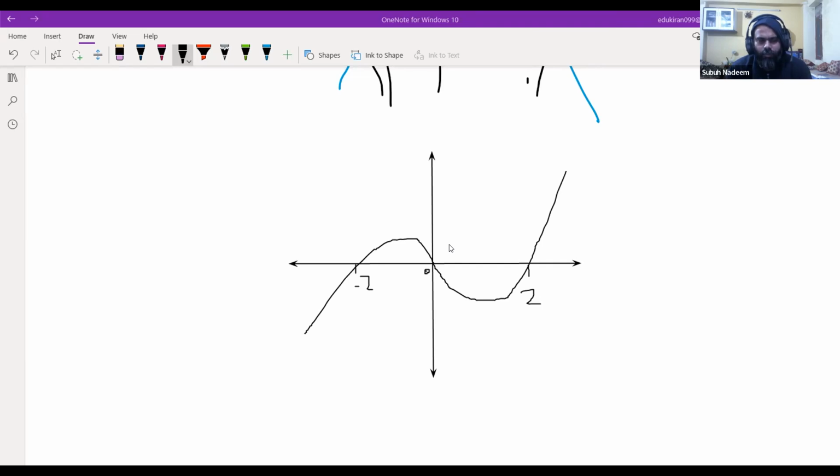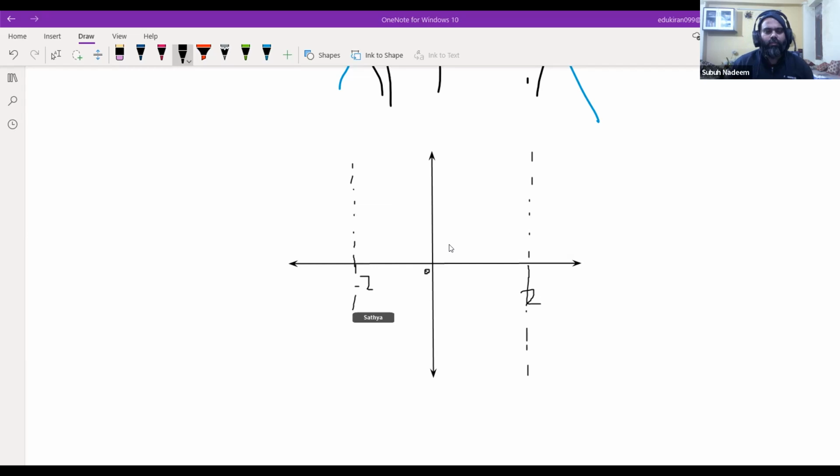Okay, to draw the asymptotes, and the y-axis is the asymptote, so don't make it dotted.